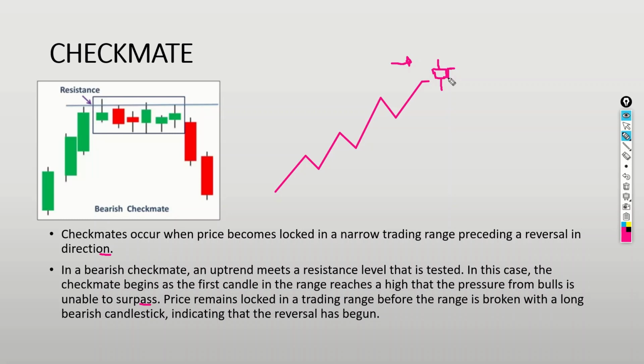So the price starts to remain in range, locked in this range.